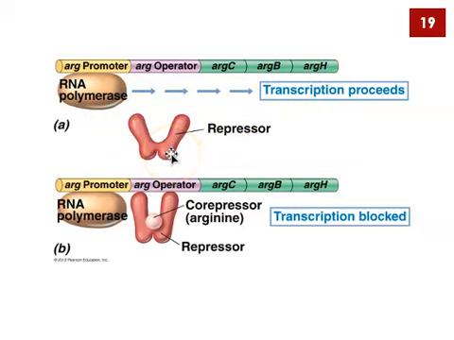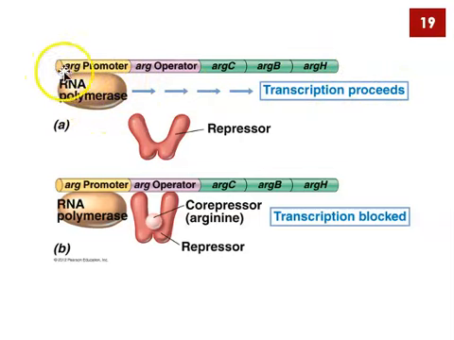Now, under normal situation, this operon gets transcribed and translated. Remember, we said at the beginning of this lecture that the default position for most of these genes is go ahead and transcribe them. And that's what's happening.